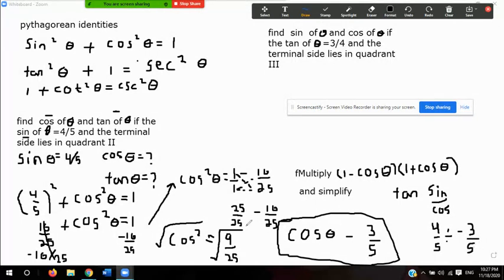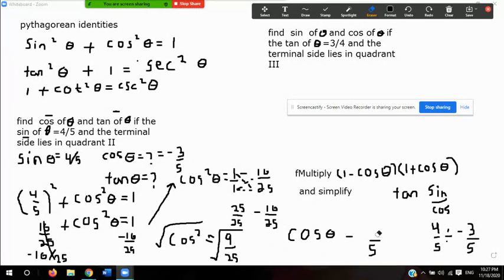Let me erase this so I can have some space. We know that the cosine of theta equals -3/5, and I'm going to write it here so I can erase and have space to finish the problem. If you have any doubts or questions, you can rewind the video and go back to the problem.